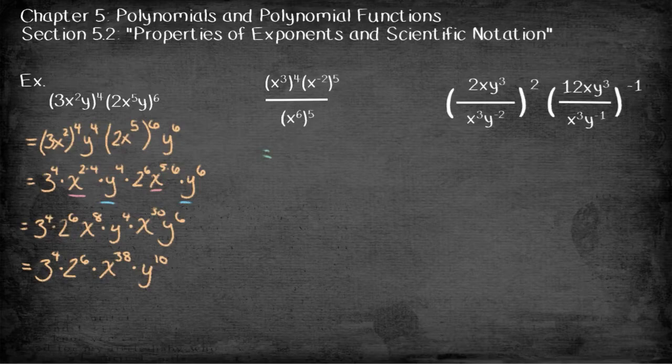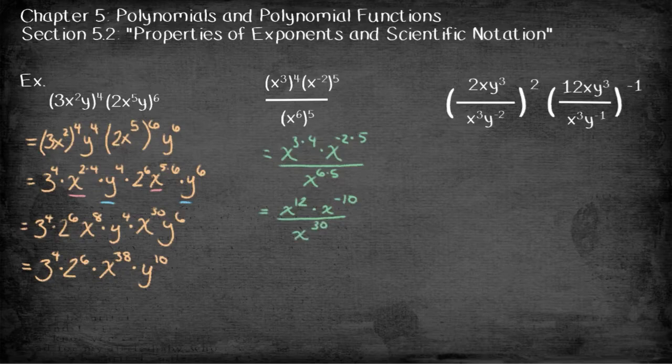So upstairs, we have x to the 3rd raised to the 4th power. This is like multiplying the exponents. Then we have x to the negative 2 raised to the 5th power, so this would be negative 2 times 5. Downstairs, we have x to the 6th raised to the 5th power. Simplify a little bit.